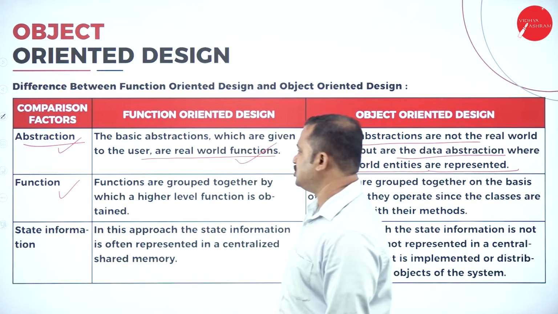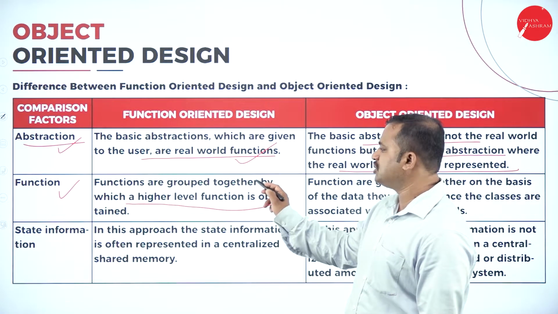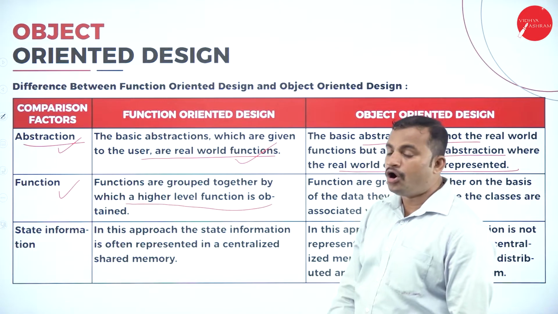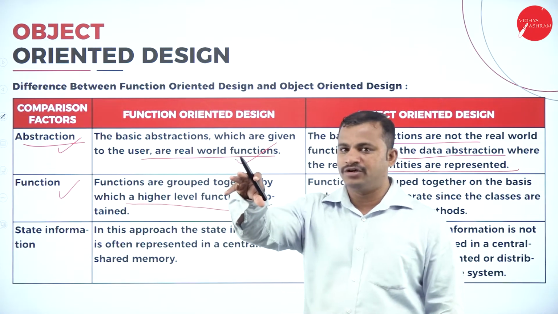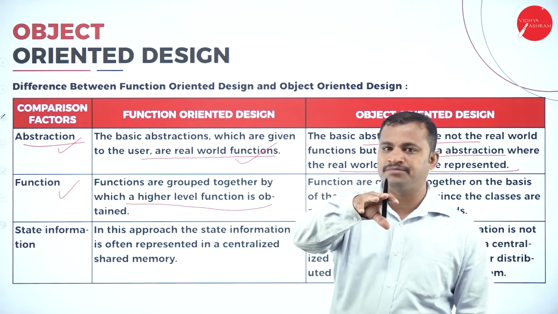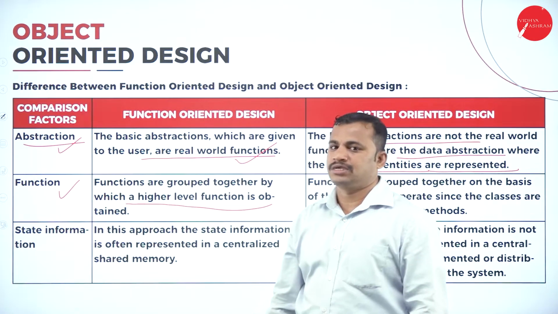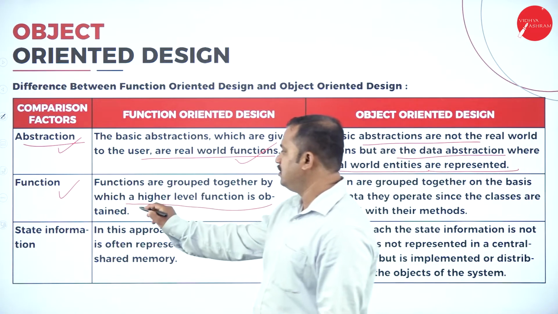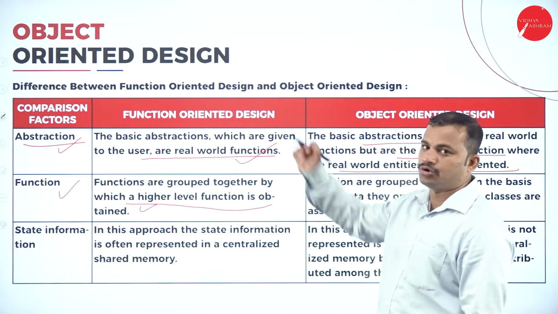With respect to functions, functions are grouped together so that a higher level function is obtained. That means one function performs one task, the second performs a second task, the third performs a third task, and all these are combined together to form a single solution. So a high level function is obtained in function-oriented design.